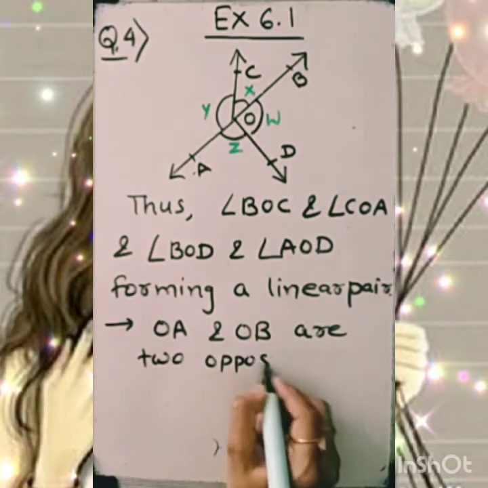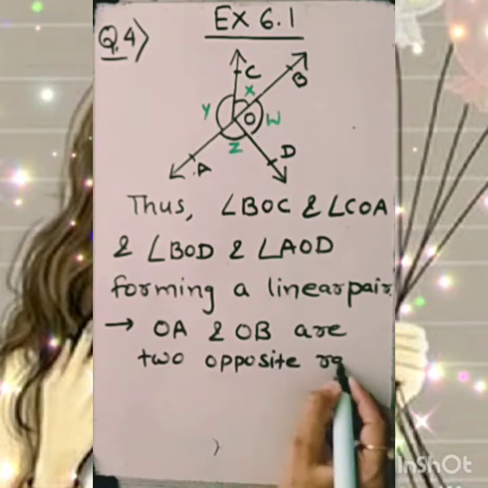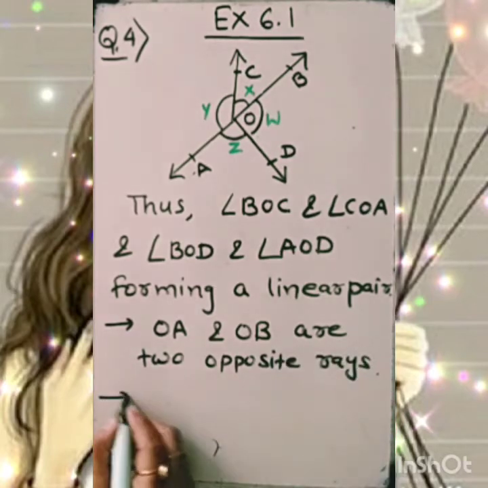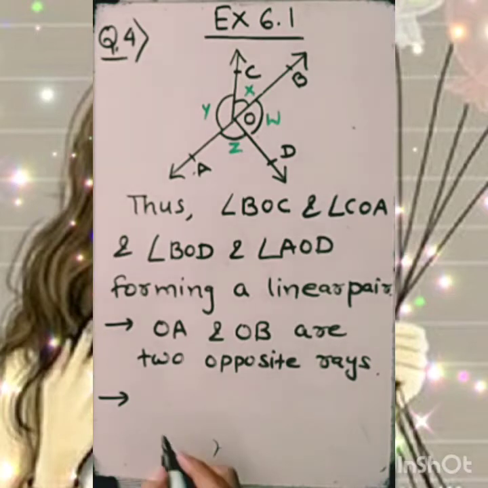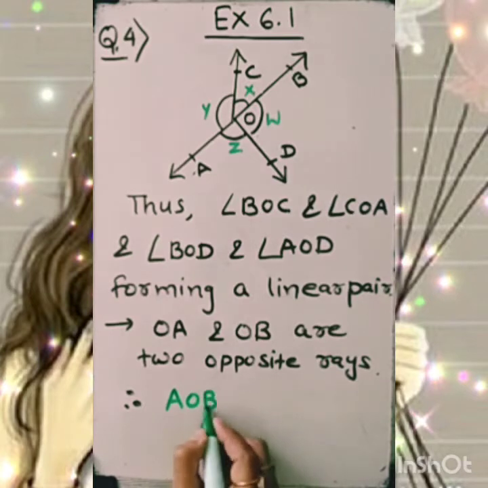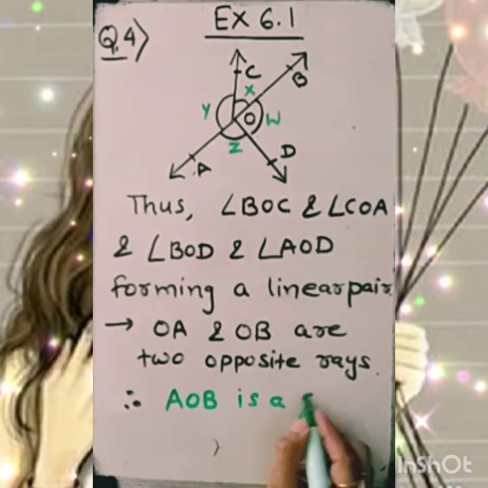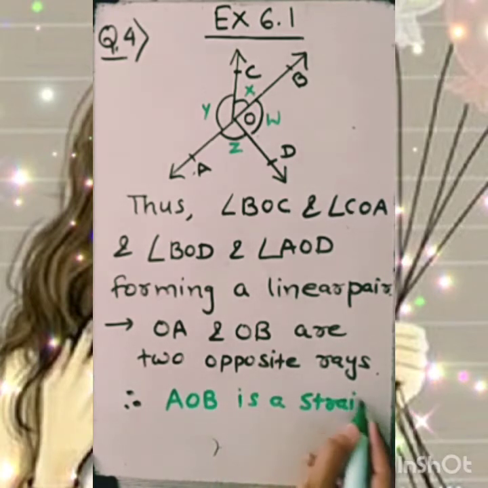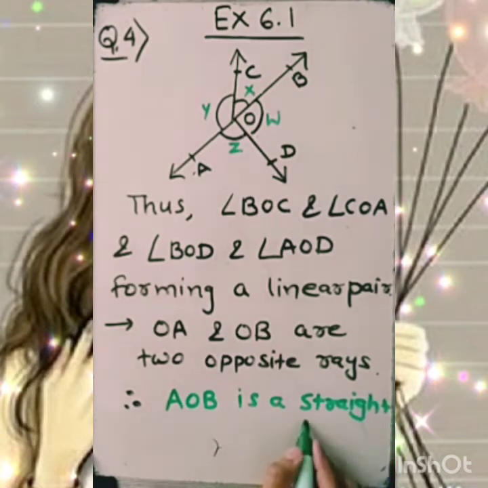Now if they are opposite rays and the angle between them we have already mentioned as 180 degrees, therefore, the final conclusion in the answer we need to mention: therefore AOB is a straight line, which is the requirement of the question. Therefore AOB is a straight line.